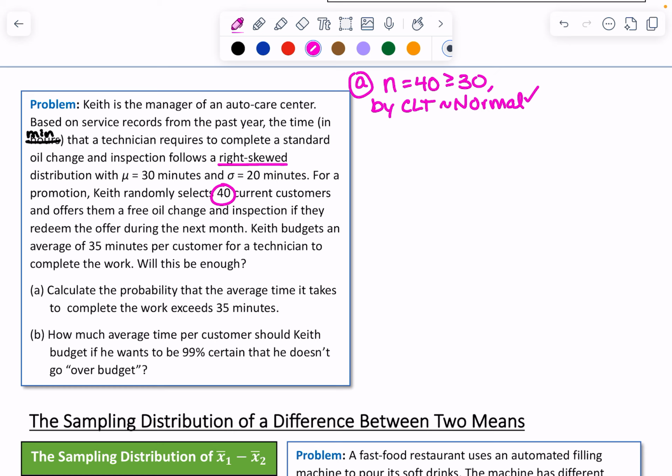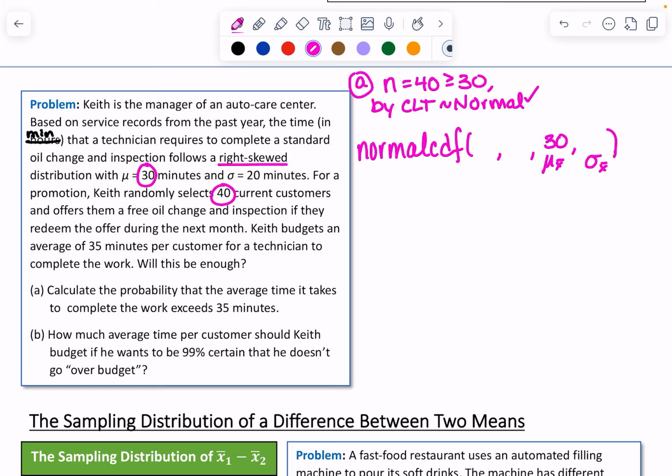So what else do I need for normal CDF? I need my mean. The mean of X bar should be whatever the mean originally was, so that should be 30. Now standard deviation.